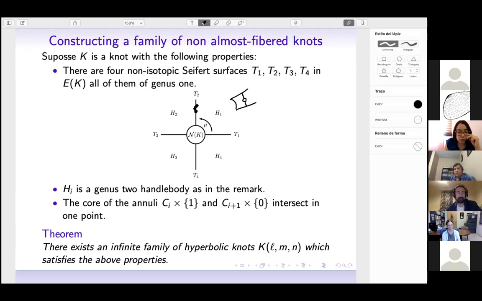So these two essential curves intersect in one point on T2. And we will prove that there exists an infinite family of hyperbolic knots, K(L, M, N), which satisfies the above property.